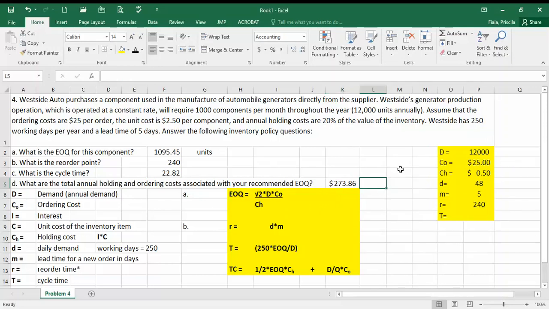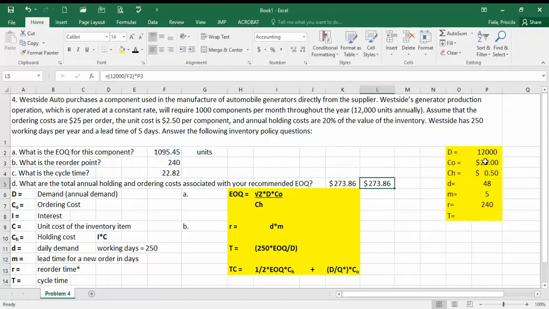Ordering cost, actually, I should put this in parentheses, because it is the demand divided by the EOQ, so it's Q asterisk times my ordering cost. So right here, it's going to be my annual demand divided by my EOQ times my ordering cost, which is coincidentally exactly the same.